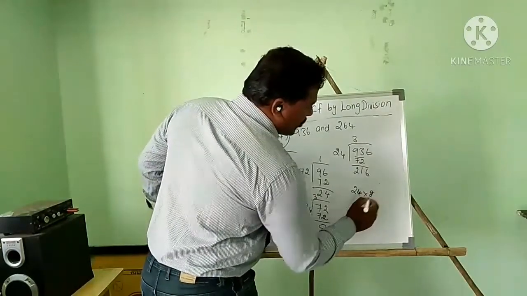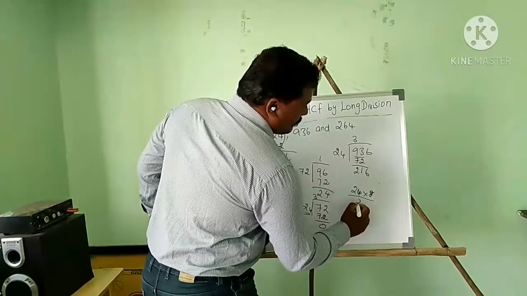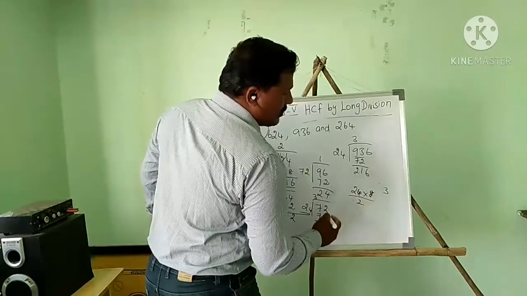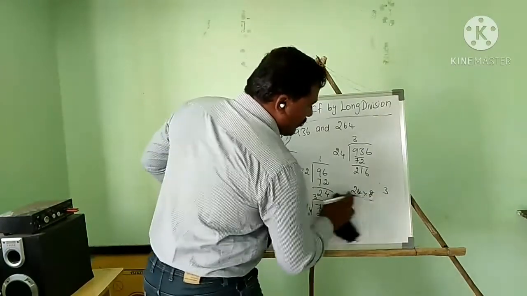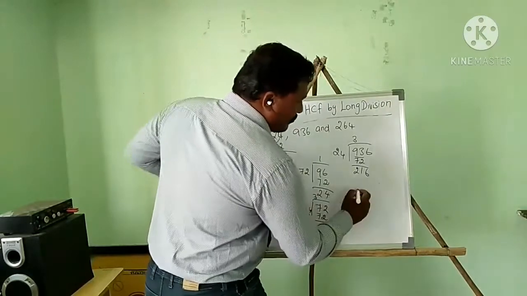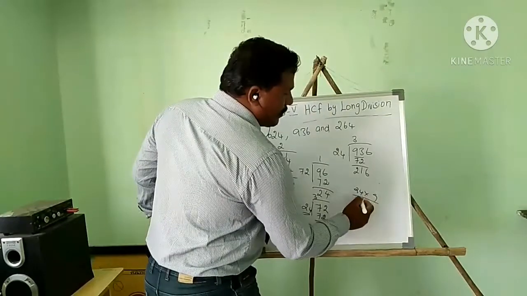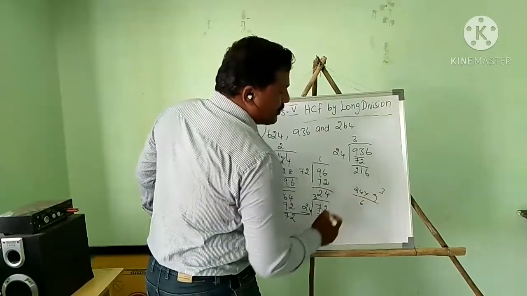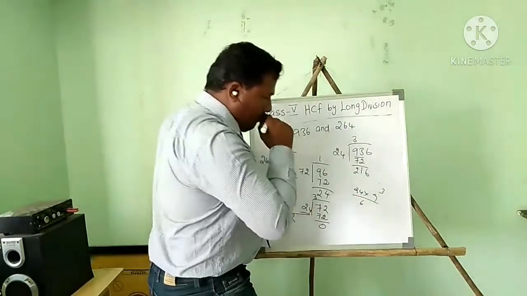We will take 8 times. 8 4s are 32, remainder 3. 8 2s are 16 plus 3, 19, so 192. So we will take 9 times. 24 into 9. 9 4s are 36, remainder 3. 9 2s are 18 plus 3, 21.